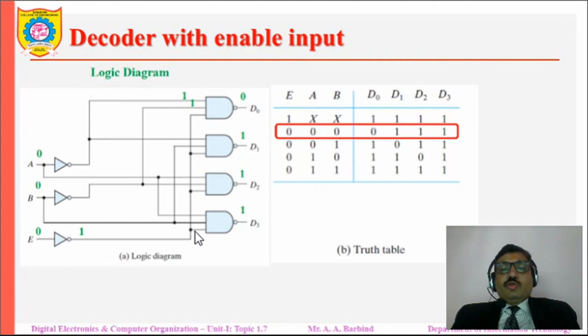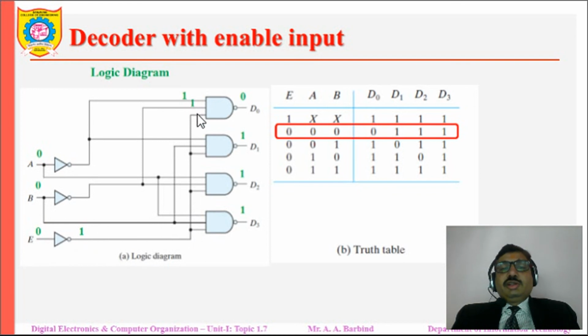Now the output of these NAND gates will depend on what are A and B. So if A and B are 0 0, then you can see here that these two inputs of the NAND gate are 1 1, and the line coming from enable is already 1.